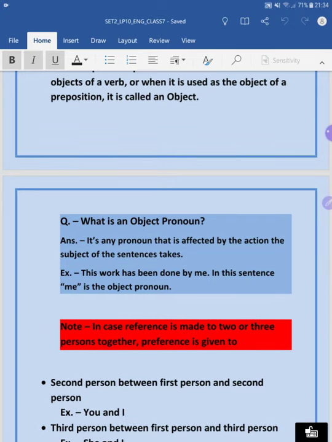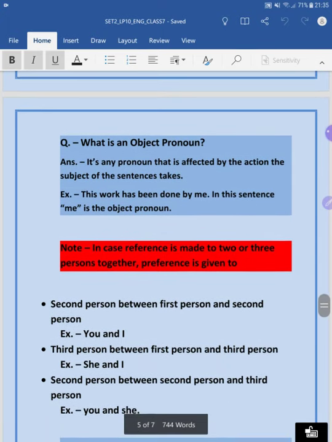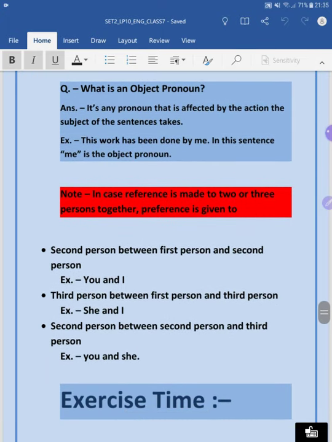Now you may note, in case reference is made to two or three persons together, preference is given to the second person between them. If we are talking about the first person and the second person, then the first preference will be given to the second person.